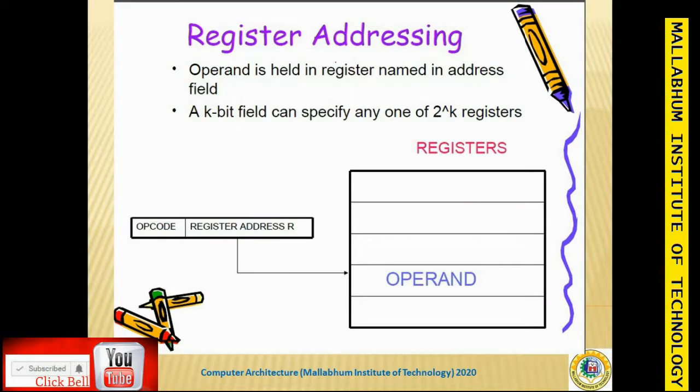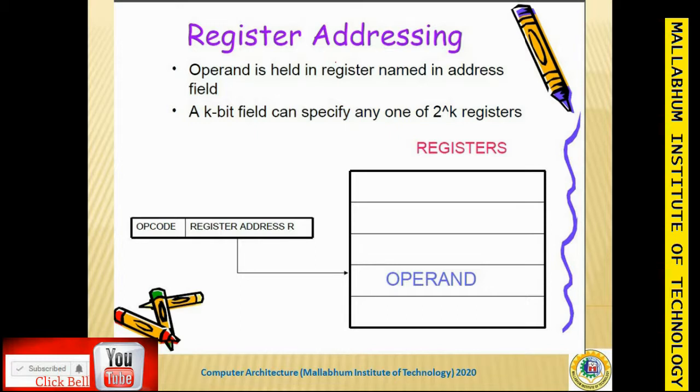Next is your register addressing mode, the register direct mode of addressing. In this mode, processor registers hold the operands. In other words, the address field is now the register field, which contains the operand required for the instruction.